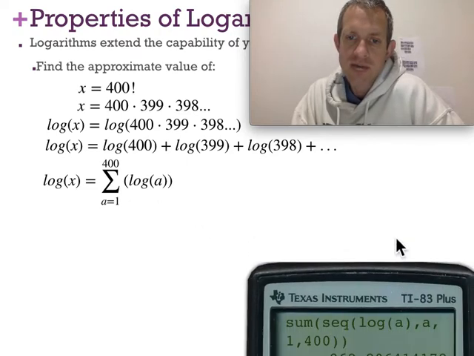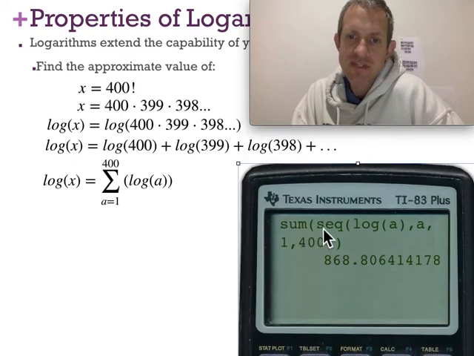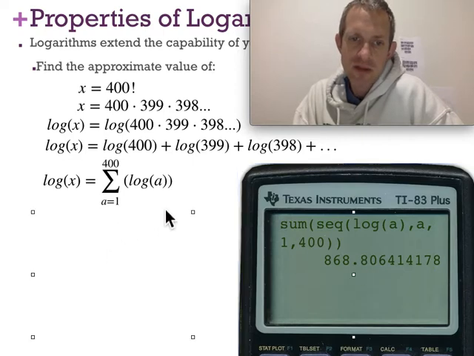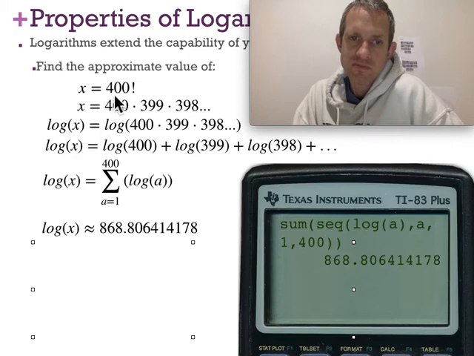To do that, you've got to use the sum of sequence command. So the sequence is log of A, and I'm letting A range from 1 to 400. And then I take the sum of that. If you type that into your calculator, you get this 868 number. And so that's what log of x is equal to.